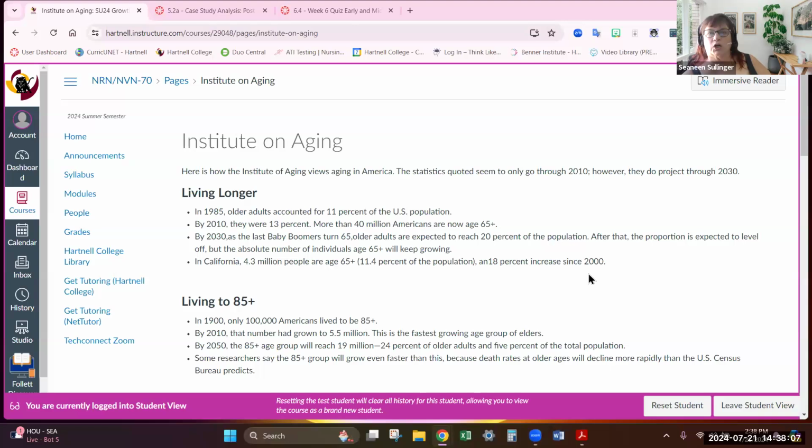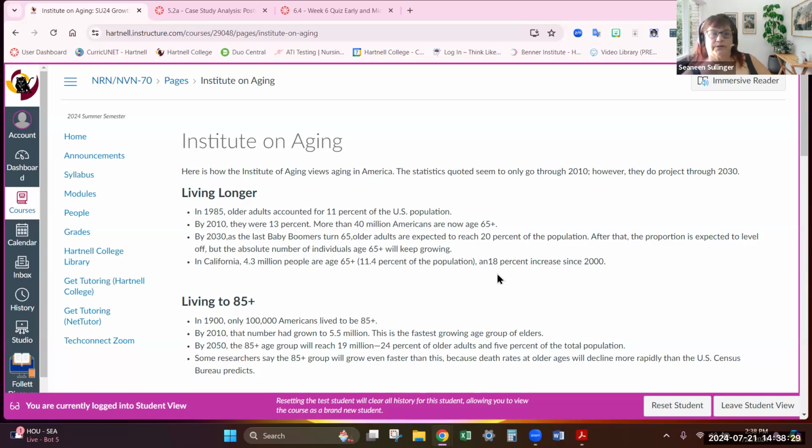Now these statistics are a little bit older, but this is from the Institute on Aging, looking at living longer. So by 2030, and we've been looking at Healthy People 2030 because we are in 2024, so that's 6 years away, the last of the baby boomers turn 65.